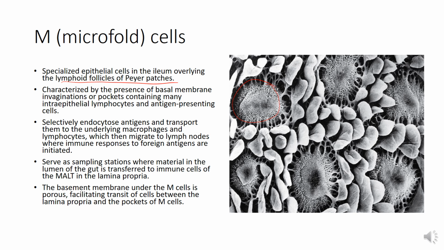And some of these dendritic cells come across the basal lamina and present the antigenic epitope to the helper T cells located in the lamina propria of the intestinal mucosa. So this is how these M cells act in protecting the lumen of the small intestine.